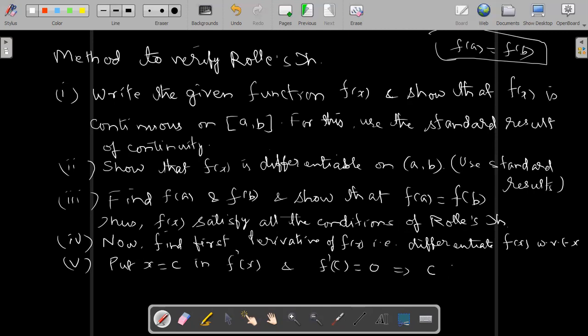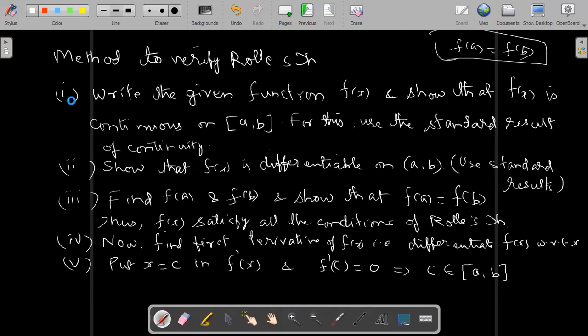Whatever value of c comes, it should belong to the interval, between a and b, then it will be verified.